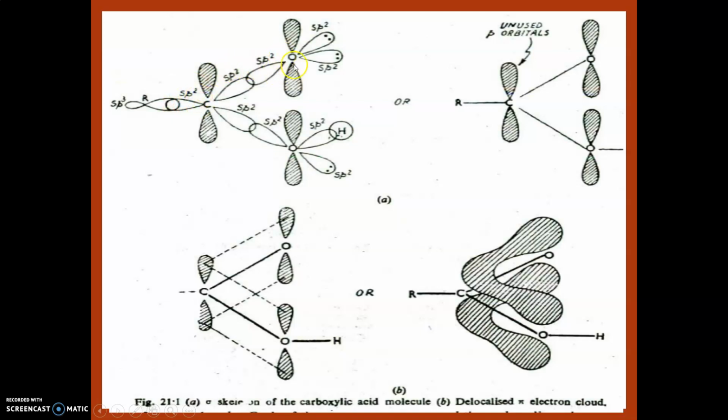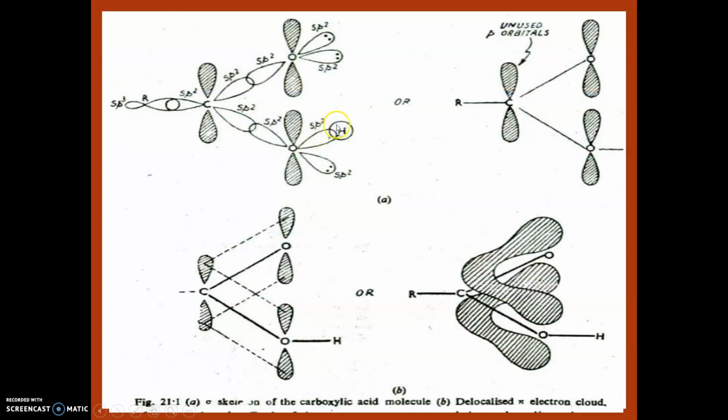So we get an idea about the structural features: the carbon atom having sp2 hybridized orbital overlaps with an oxygen atom also having an sp2 hybridized orbital, as in C=O. Another carbonyl carbon of the carboxylic acid is bonded to another oxygen atom having an sp2 hybridized orbital, and the remaining orbital of the oxygen bonds to the s orbital of the hydrogen.